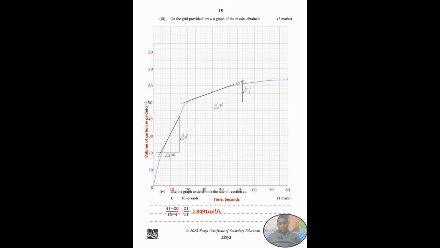The value that I obtained was 1.9091 cubic centimeters per second, and you must have shown this working to show that you used your tangent and the gradient to obtain the changes in y and x. So this is how you were supposed to obtain the rate at 10 seconds.